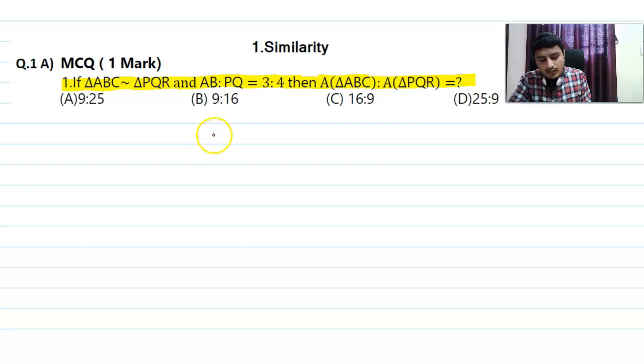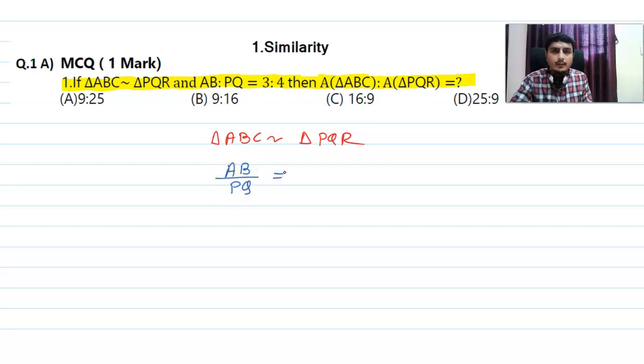Now here we have given firstly the triangle ABC, which is similar to the other triangle we have PQR. And one more thing we have given, AB is to PQ, means we have the ratio of AB and PQ, that is equal to 3/4. Now once the triangles are similar, what about their ratio of area?